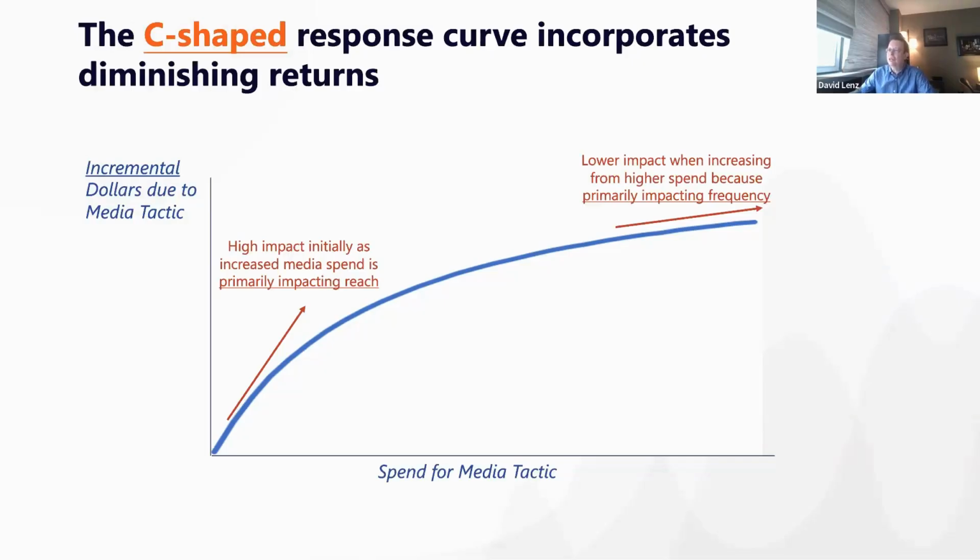As we move along the curve, it tends to exhibit diminishing returns because as you get to higher levels, you've hit everyone in your target audience and now you're primarily impacting frequency. This is intuitive to most people when I show it to them, because diminishing returns exists for a wide variety of situations.